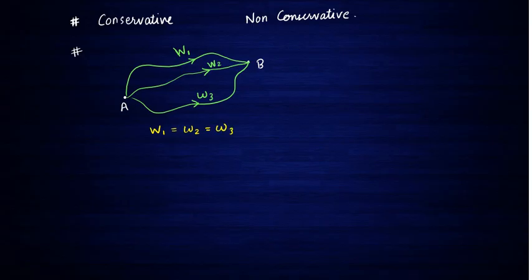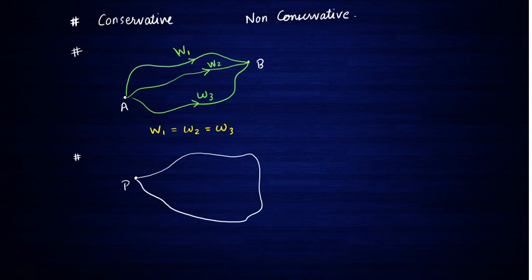So work done is path independent. This also entails that if a particle starts from a point P, traverses a certain path and comes back to the point P, then the net work done is equal to 0. So work done for a closed loop happens to be 0 as long as the force is conservative.